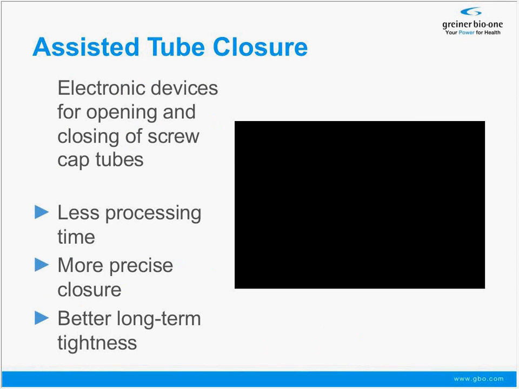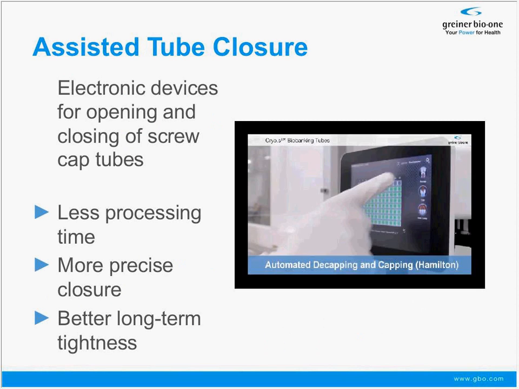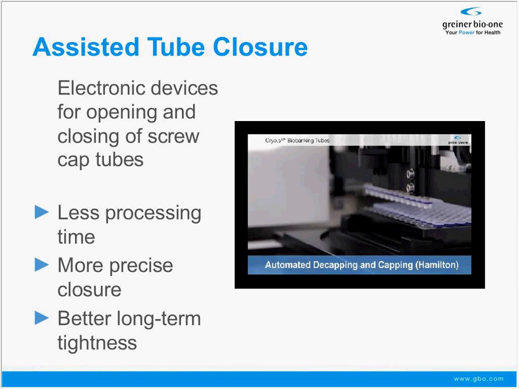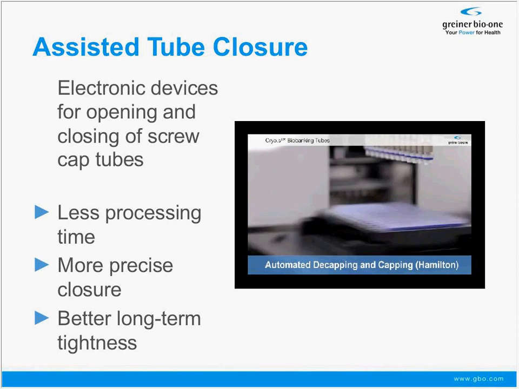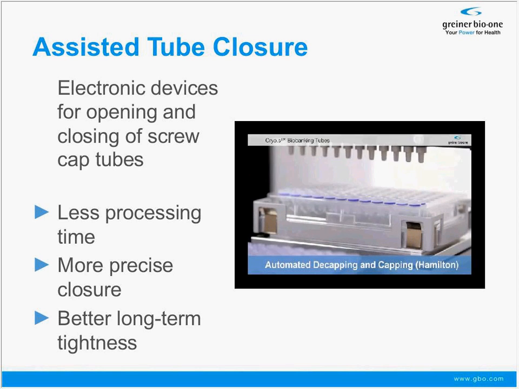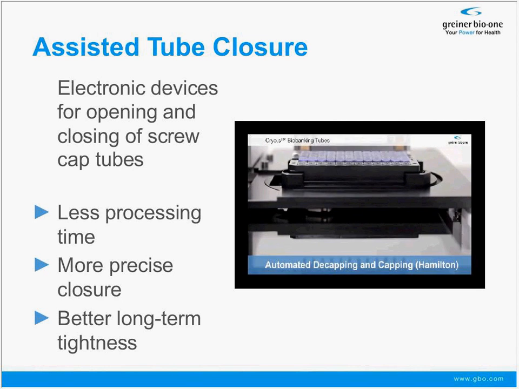On the next slide, you will see a movie. Not running yet, now it's running. In this movie you can see a device from the company Hamilton Storage. This is a fully automated decapper. The decapper opens tubes in 96 but could also be 48-way racks.